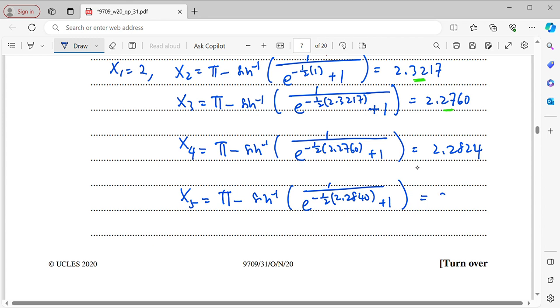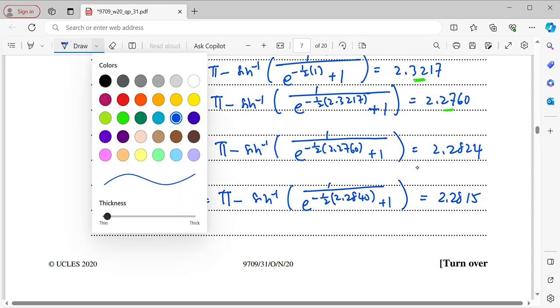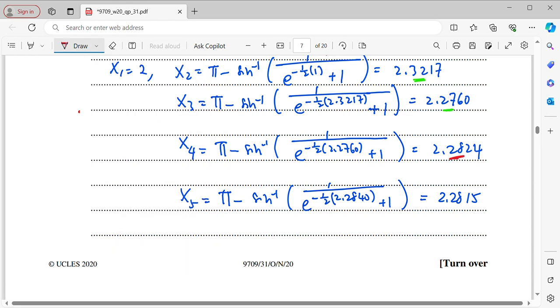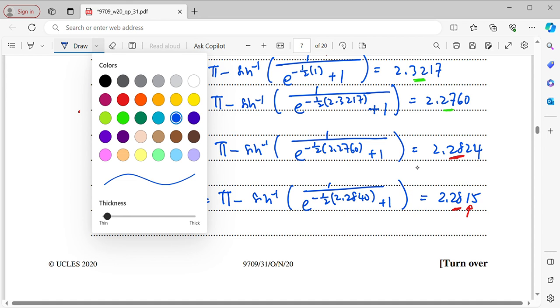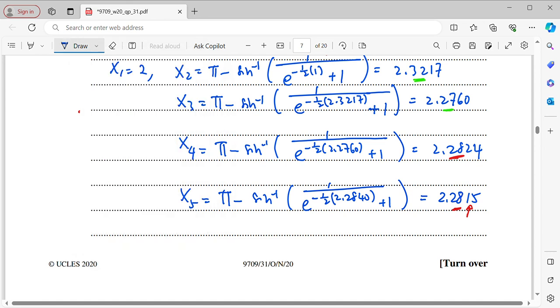Then this is going to be 2.2815. Okay, so when you compare with the previous, by x4 you get 2.2824. By x5 you get 2.2815. So you are getting 2 same decimal places. Now check the next digit. If the next digit is 5 and above, then you round up. Otherwise you can just get the final answer. So my root will be approximately 2.28 according to the calculation.